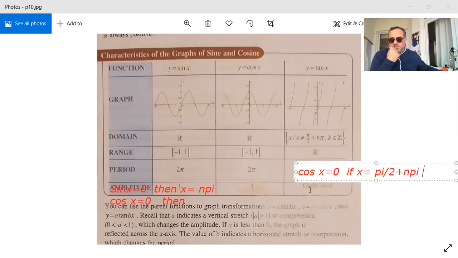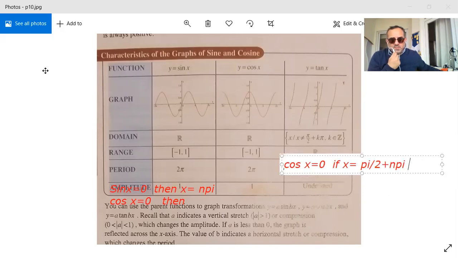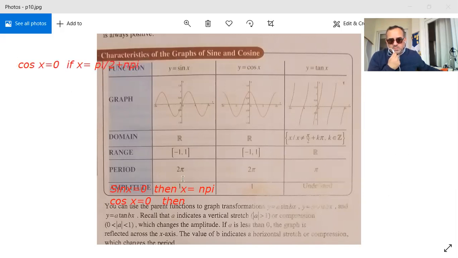This is for cosine, this is for sine. This is for sine, this is cosine. We need just this for this section.